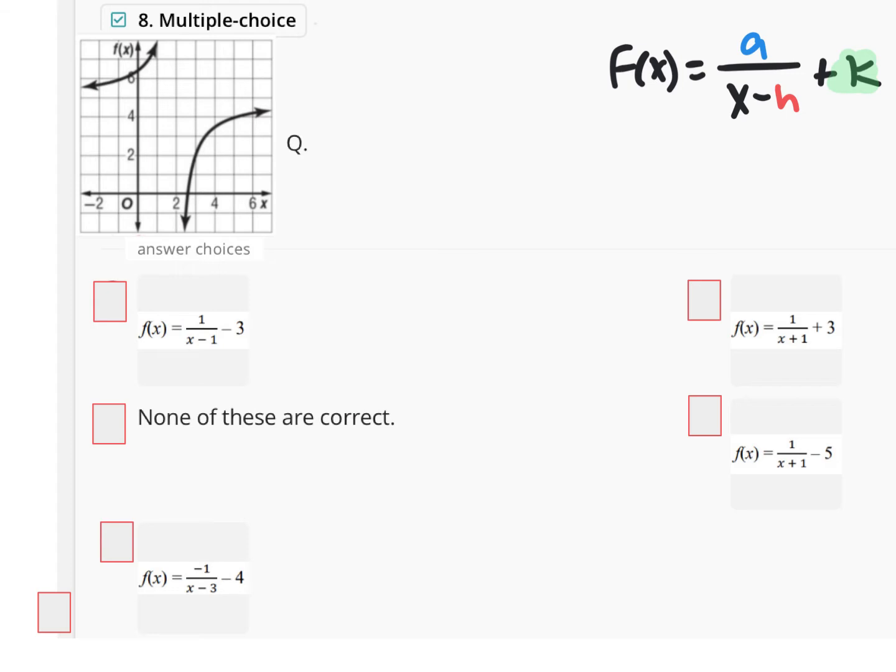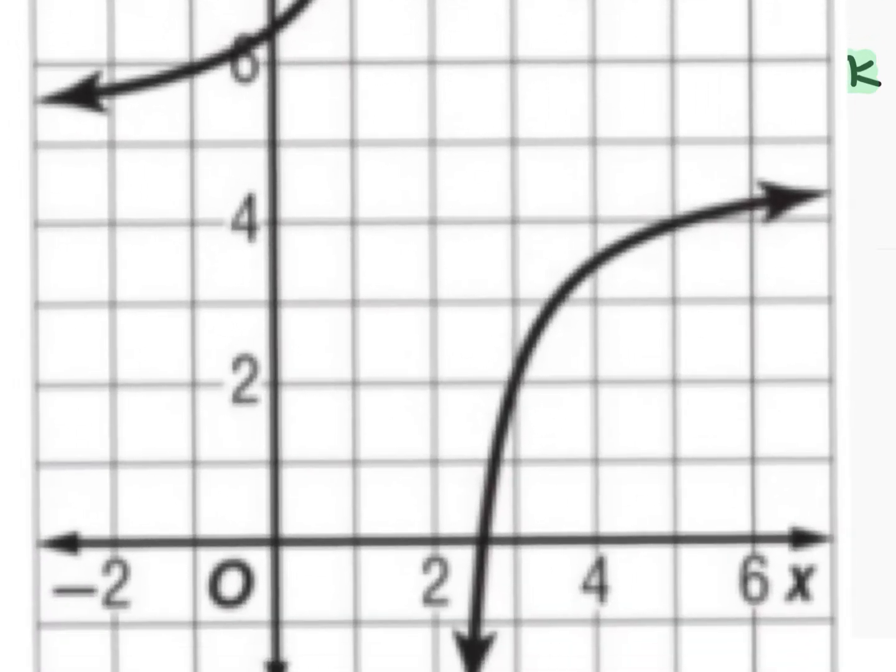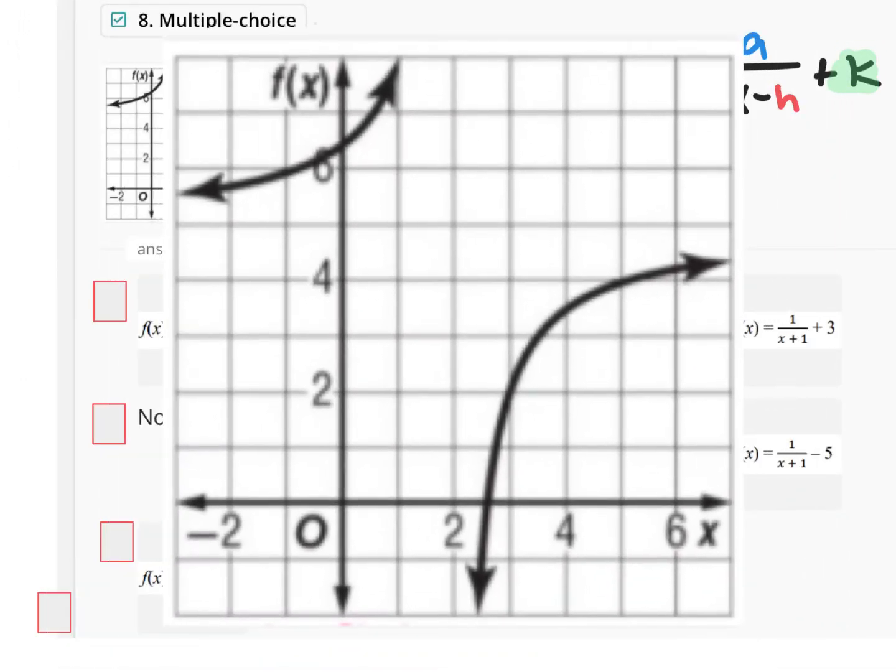Right here we have the graph. They don't give us the function. We need to identify which function it is. So when we look at this guy, we need to identify the asymptotes. Okay, so let's go for the vertical asymptote first. Where is the vertical asymptote? Some people might think 1, but that would be incorrect because it doesn't curve enough to not touch 1.